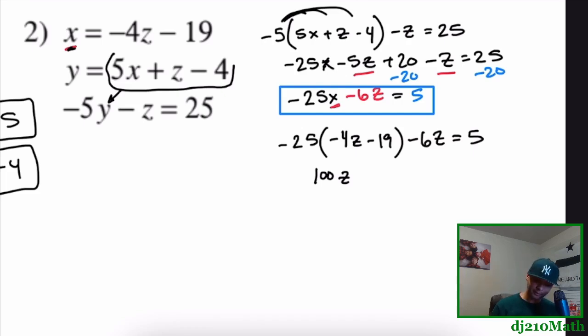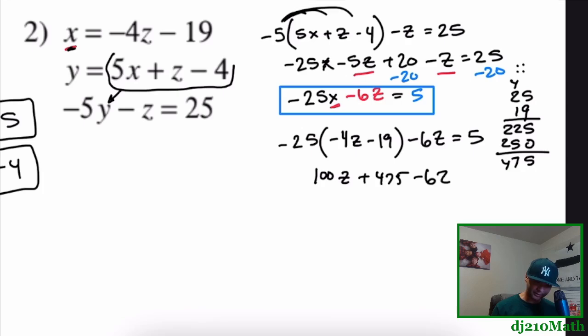Great. So this is going to be 9 times 5 is 45, 18, 19, 20, 21, 22, 475. Positive 475 minus 6z is equal to 5.